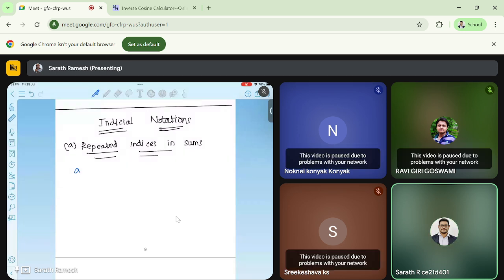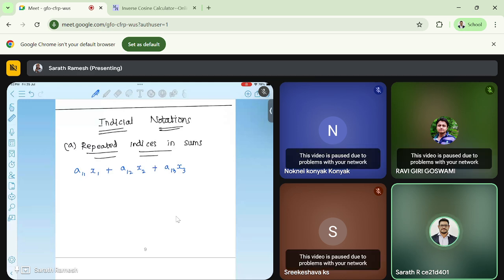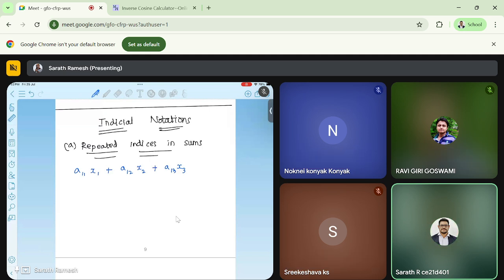Or usually in lower classes we might have studied summation, A1 plus A2 plus A3. How will we write it? Summation of i equal to 1 to 3 of Ai, correct? In indicial notation we write the same thing, but we drop the summation symbol. So it is only Ai, which means i runs from 1 to 2 to 3.